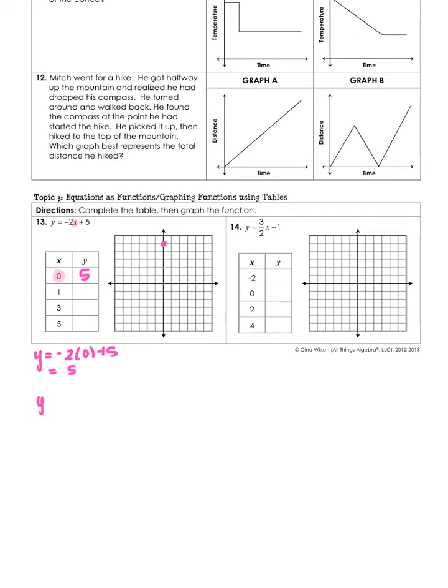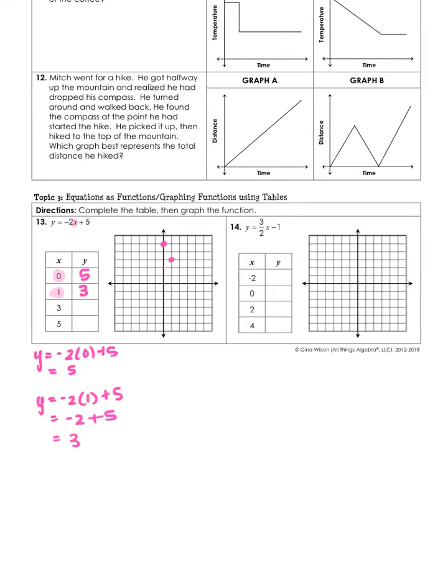All right, our next one, we're going to plug 1 in for x. So it would look like y equals negative 2 times 1 plus 5. So negative 2 times 1 is negative 2 plus 5. Negative 2 plus 5 is 3. So we'd have a coordinate at 1, 3. That means to go right 1 and up 3 and put a dot.